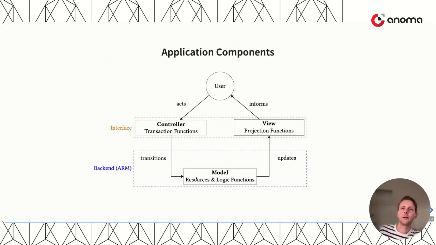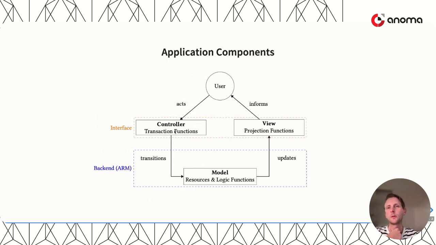In the backend, we have the model, which is constituted by the resources and logic functions that are associated with an application. And in the interface, we have a view component, which projects data out of these resources. This is why they are called, right? The functions that are doing this are called projection functions.